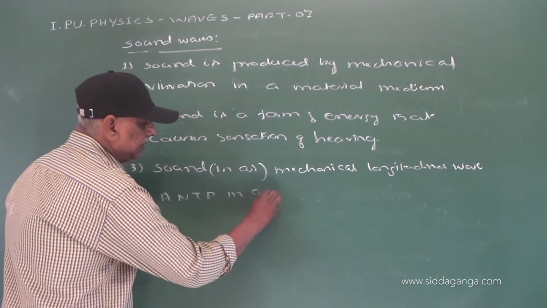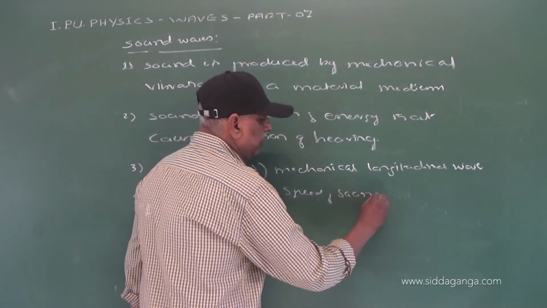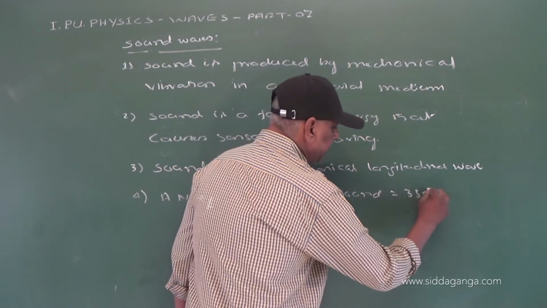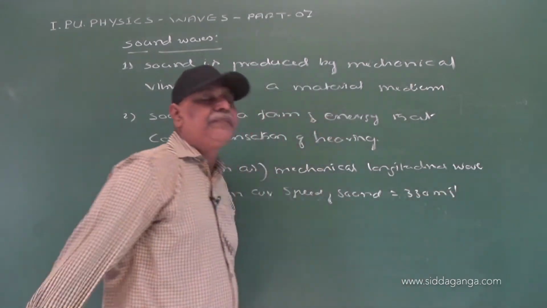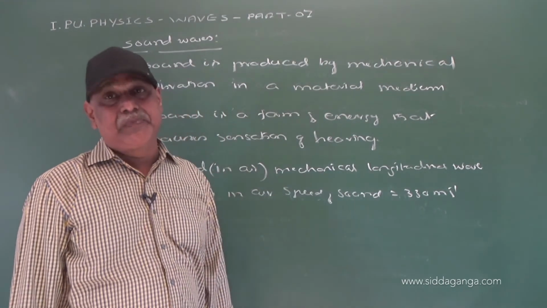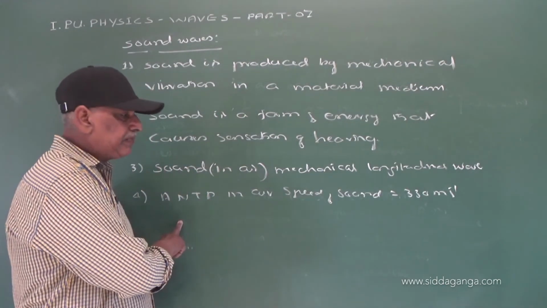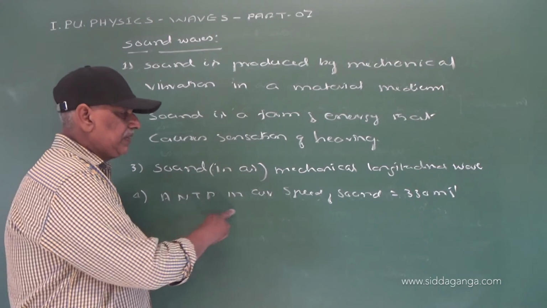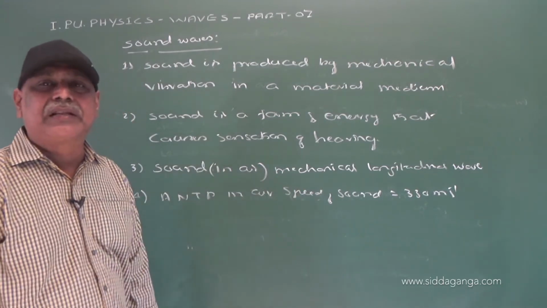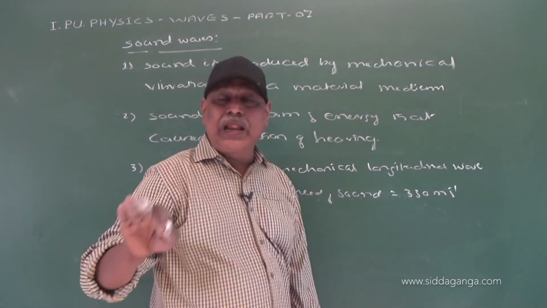Now at NTP in air, the speed of sound is equal to 330 meter per second. The speed of sound in air depends upon the temperature of the air. At 0 degree Celsius, that is at NTP, normal temperature and pressure, the speed of sound is 330 meter per second and it is called 1 Mach.